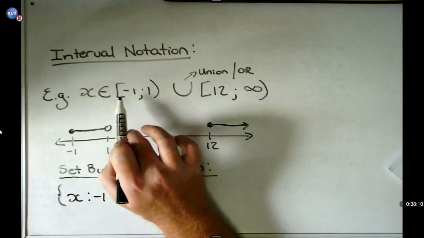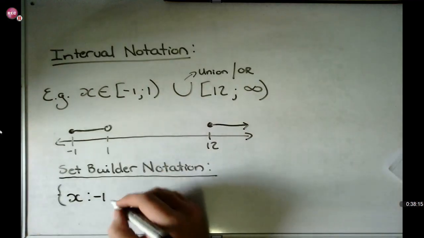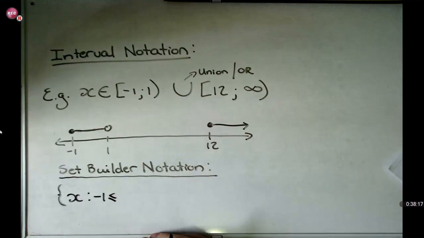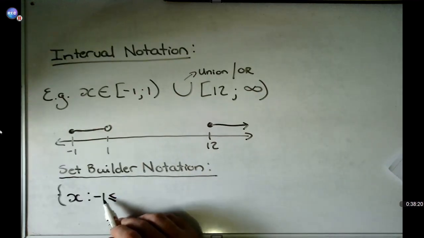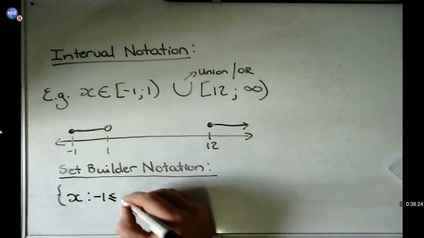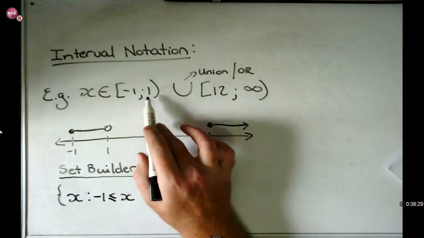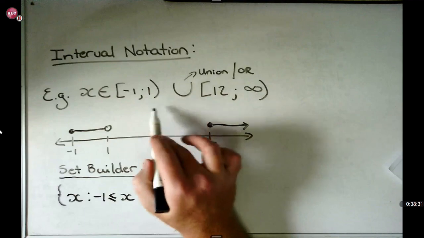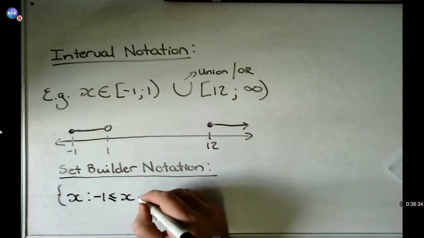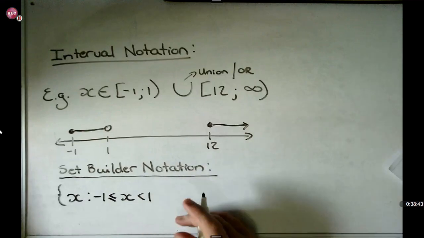Negative 1 was included. Okay? And the sign for inclusion always has an equal to it. And the reason it is closed towards the negative 1 is because x is bigger than negative 1. Then, positive 1 was not included. Which means you are not going to use a sign that has an equal sign to it, and you're going to use the normal sign with the 1 represented.